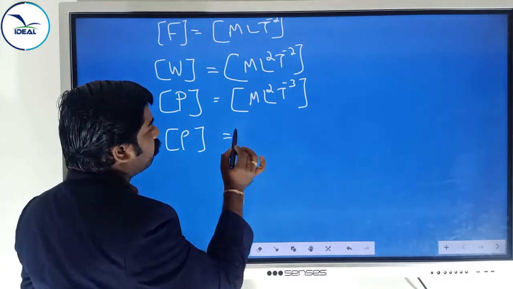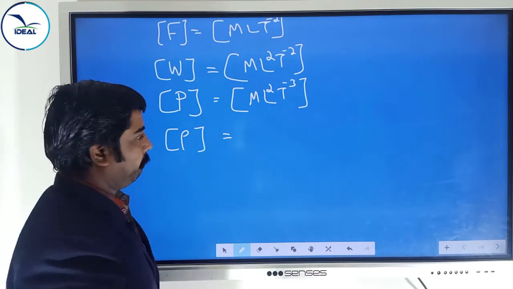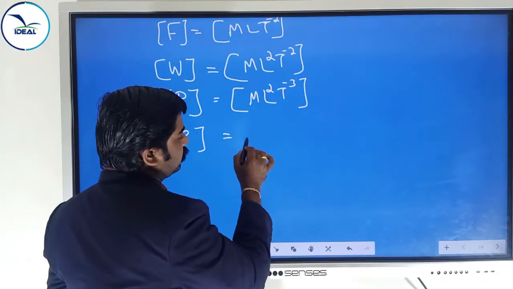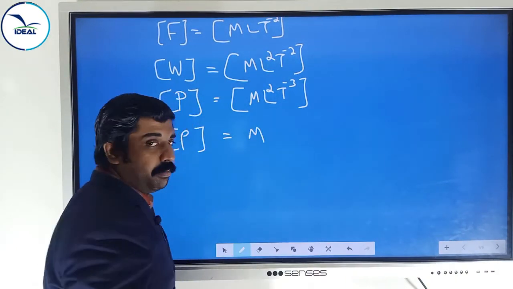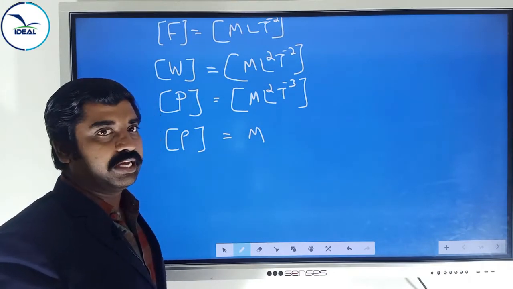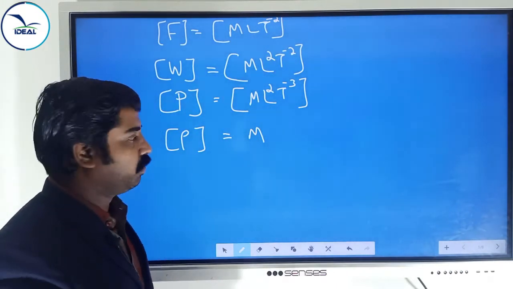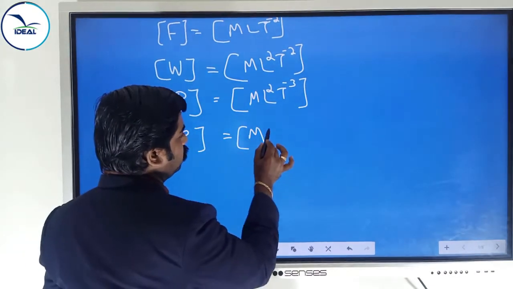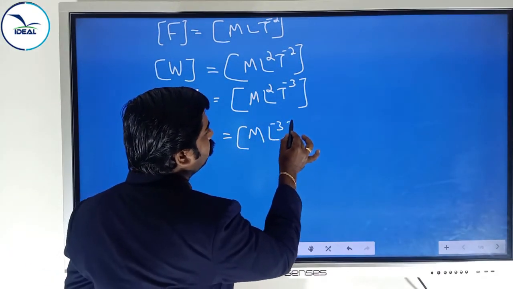Rho is equal to mass by volume. The dimension of mass is M. What is volume? Volume is equal to length into breadth into height, so it is L cube. So mass by volume gives the dimension ML raised to minus 3.